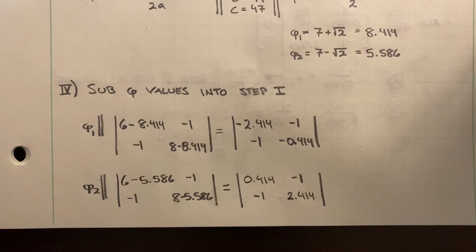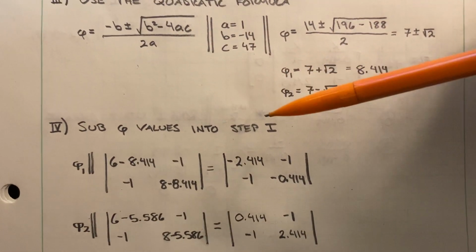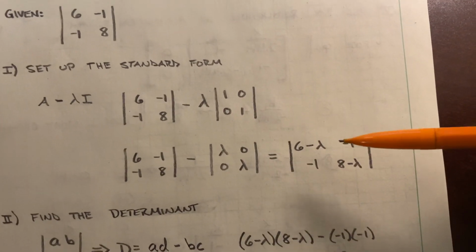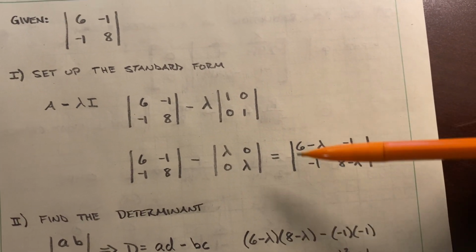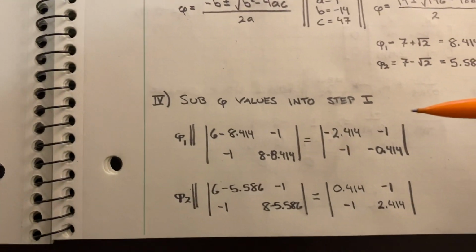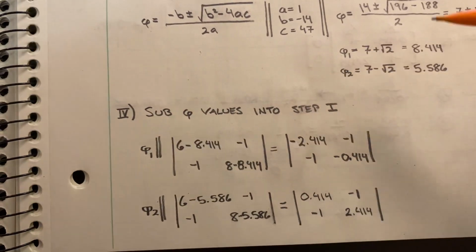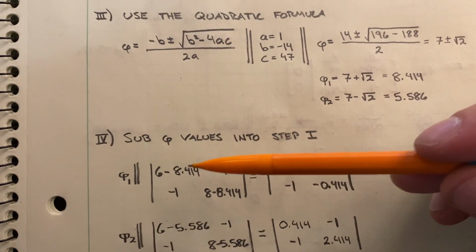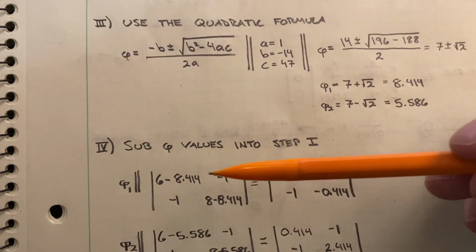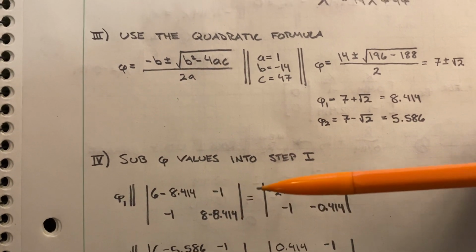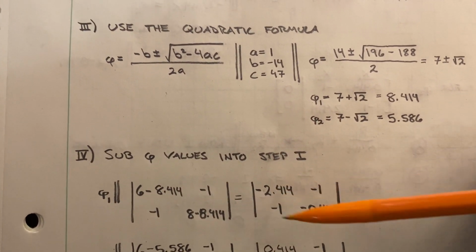Step 4, sub phi values into step 1. Step 1 was the standard form here. For phi 1, we had 8.414, so 6 minus 8.414, negative 1, 8 minus 8.414 is equal to this matrix.